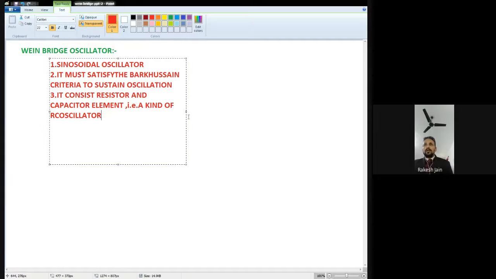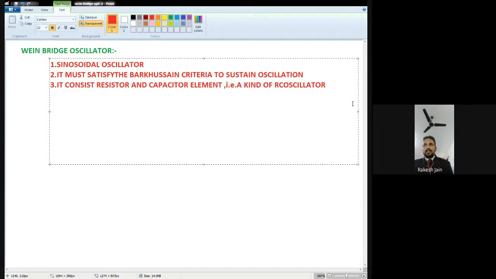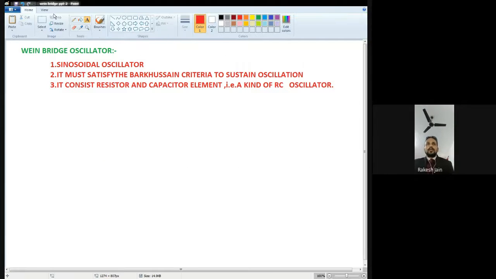Now we just see the basic diagram of Wein bridge oscillator. It provides the sinusoidal waveforms. Now the basic circuit diagram for the RC Wein bridge oscillator is like this one. Basically, any oscillator circuit consists of two things: one is the amplification section, and the second one is the feedback section.